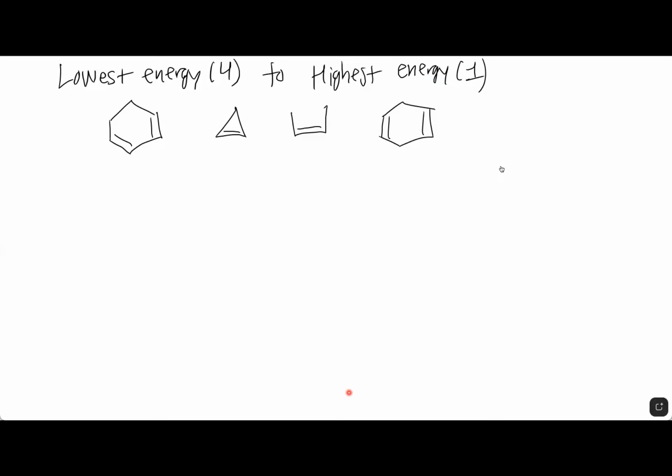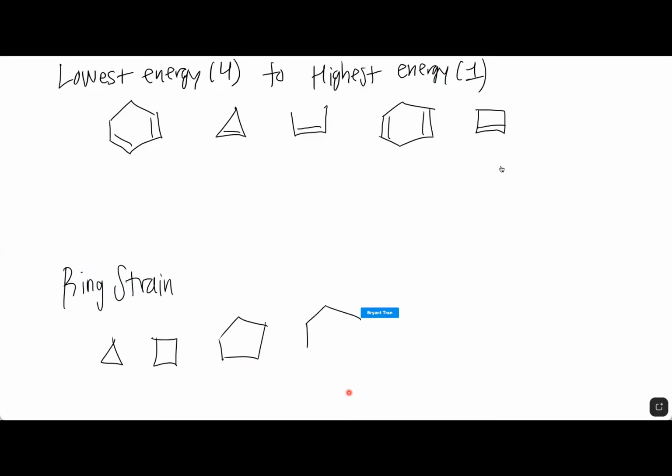Oh, I forgot to say, another thing that determines stability is going to be ring strain. So let's say we have these rings here. What is the hybridization of all of these carbons here? sp, sp2, or sp3?